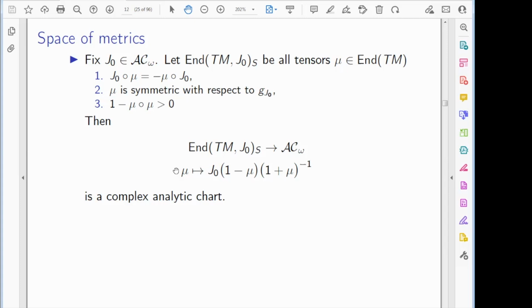And so it gives a decomposition of the complexified tangent bundle.